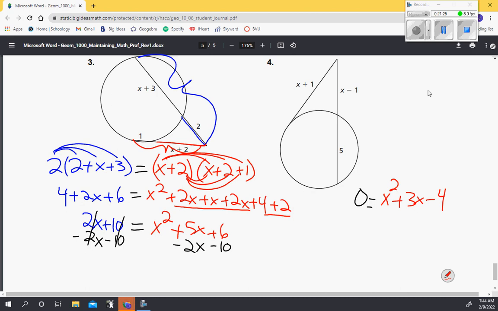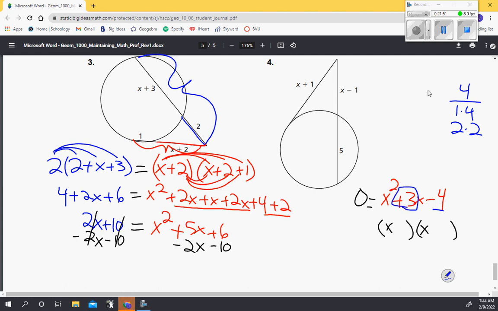And just like the problem in number 1, we're going to have two sets of parentheses. We're going to have x, we're going to have x. The last two numbers are all based off this last number. Factors of 4 are 1 times 4 and 2 times 2. And we're asking ourselves which one gets us to a 3.